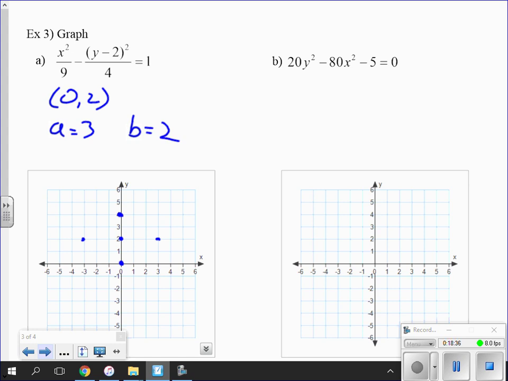For a hyperbola, put in a box using those 4 points to give you the length and width of your box. Draw your diagonals.